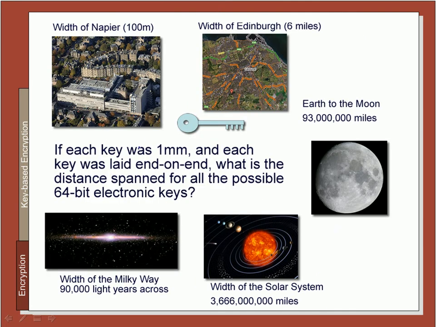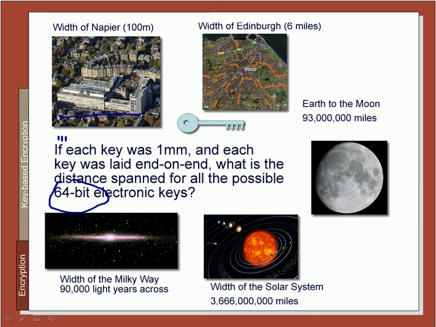Just to show you the scales involved, let's say that each one of the keys of a 64-bit key measured 1 millimeter in length, and we laid them all alongside each other. For 64-bit, how big would that total length be?